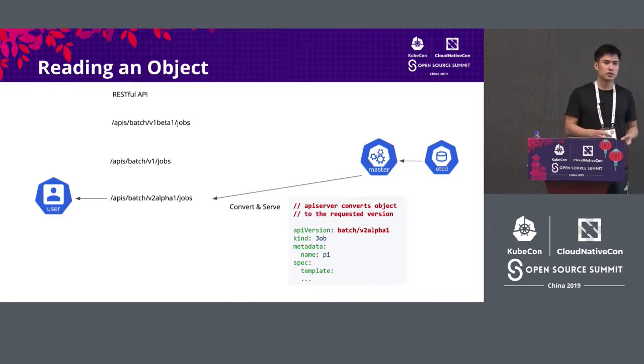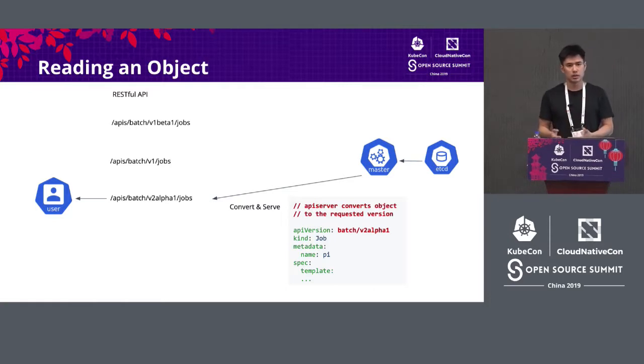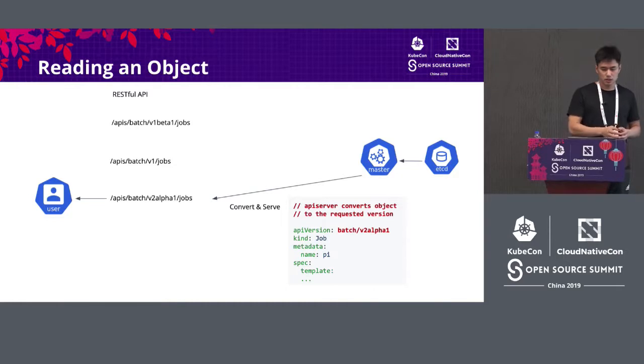The API server will read the data from etcd, which is encoded as v1, and convert it to the version the user requested. The get request is hitting batch v2alpha1, so the API server will convert the object to v2alpha1 and then give it to the user. The API server here is like a version hub of all the versions. It does all the translation for users.